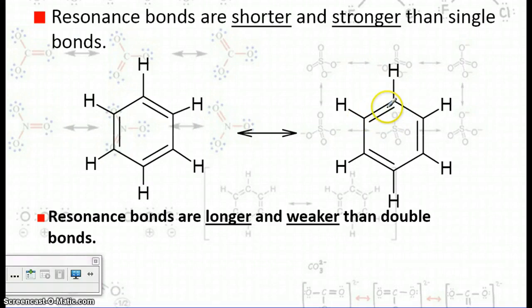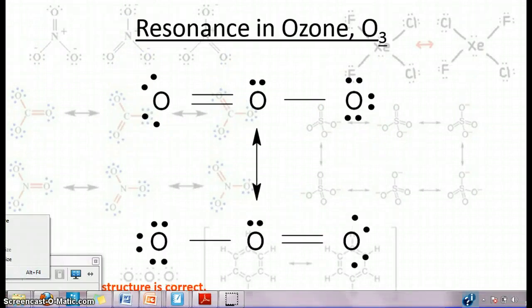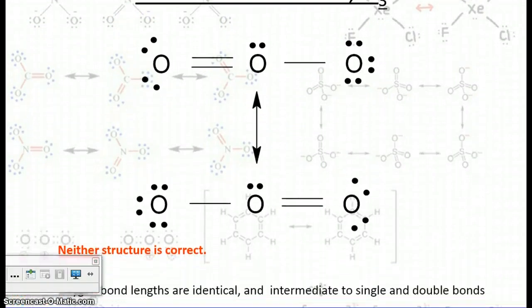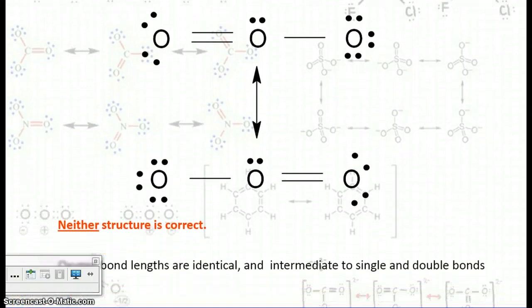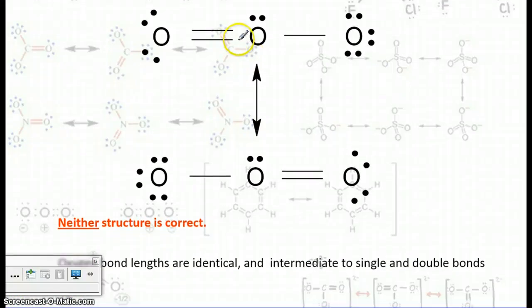So they are a little bit longer than a double bond, a little bit shorter than a single, but they are a little stronger than a single and a little weaker than a double. So they're in between the two. Here's another example, ozone, O3. We see that we have a double bond and a single bond on our O's, and again, it's in between.